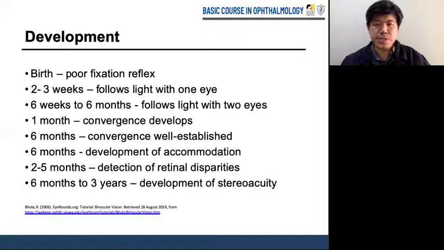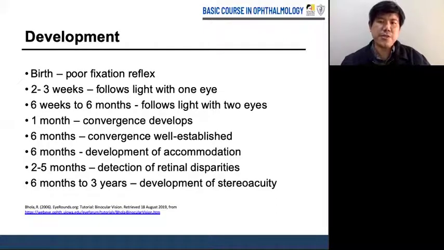Convergence, which is absent at birth, starts developing at 1 month of age and is well established by around 6 months. Accommodation lags behind the development of convergence due to the delay in the development of the ciliary muscles. It parallels convergence by around 6 months of age.